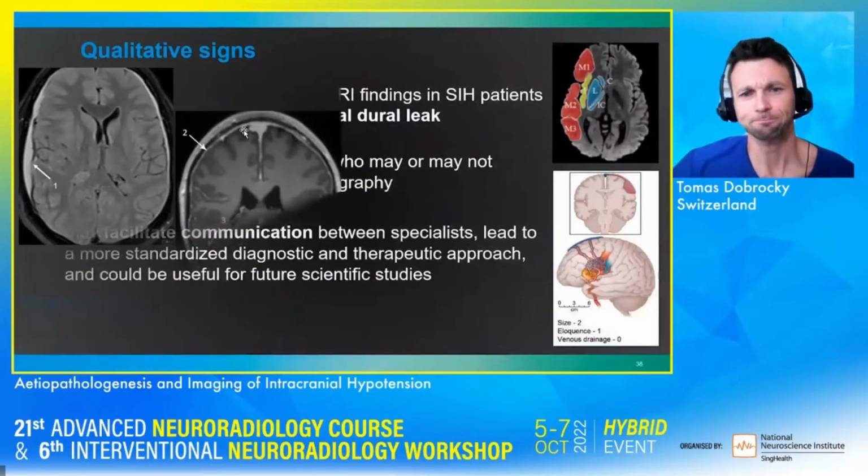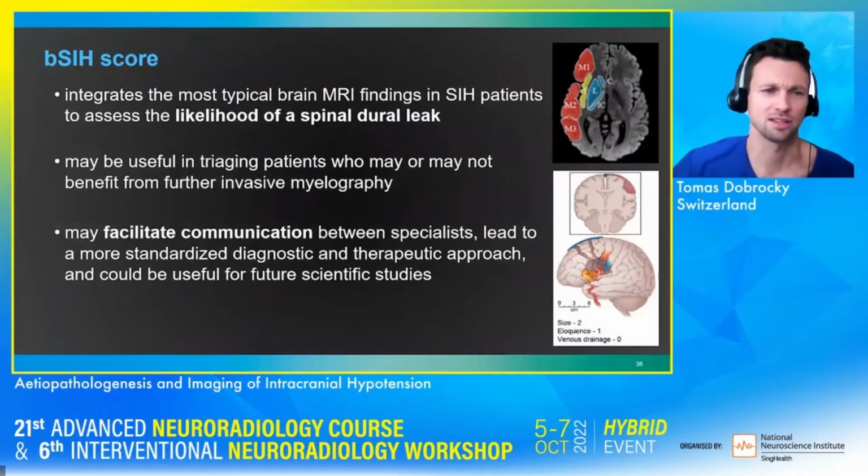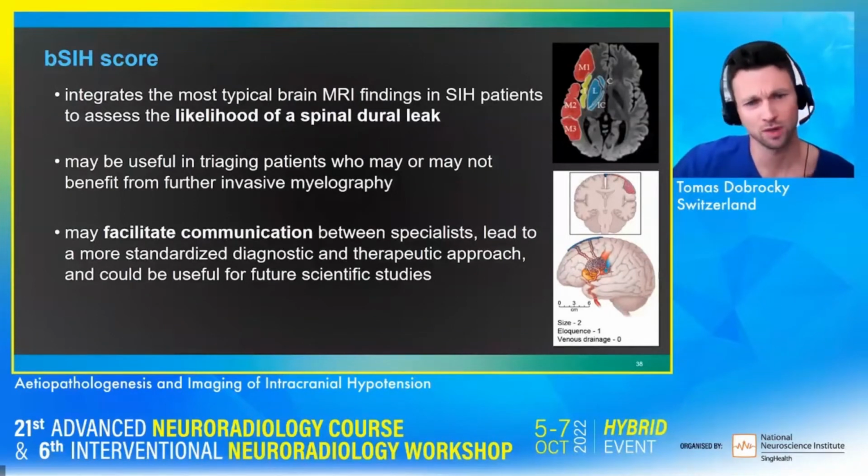And so why might such a score be important, the brain SIH score? Because this might help you to assess the likelihood of an underlying spinal dural leak. It's important to triage patients, because you might not want to be so aggressive in someone who has a very low likelihood.